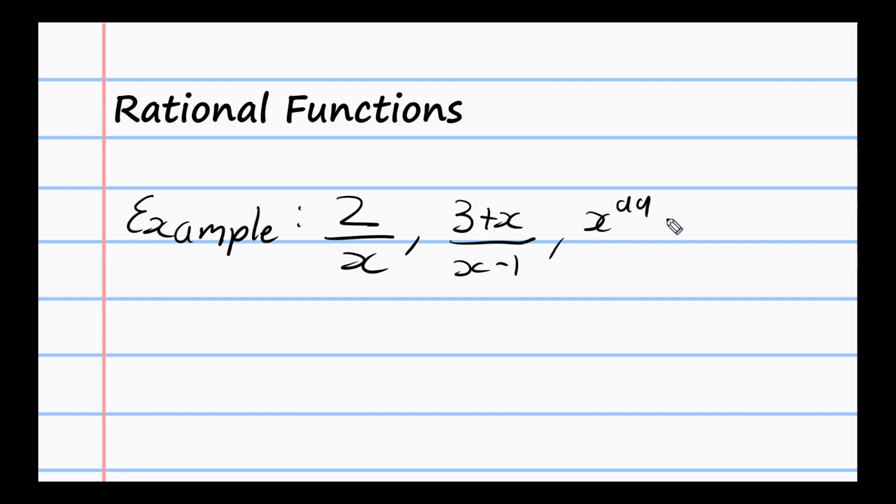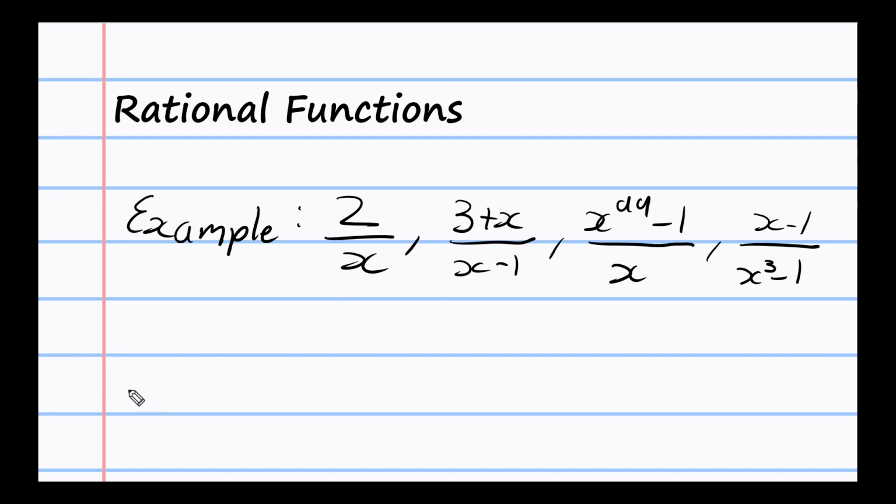X to the 99th power minus 1 divided by x is another example. X minus 1 divided by x cubed minus 1 is also an example of a rational function.